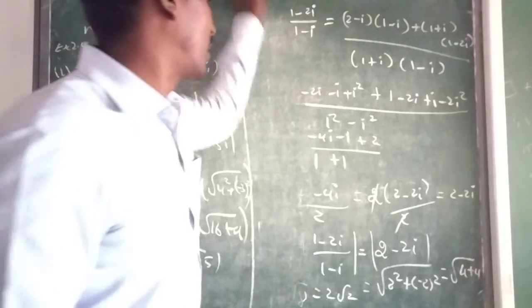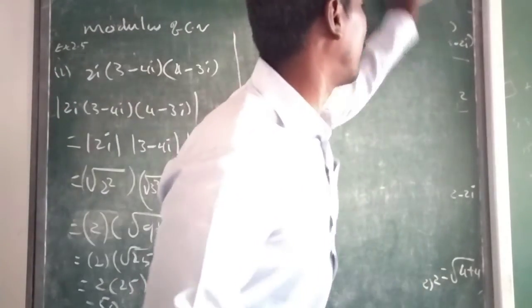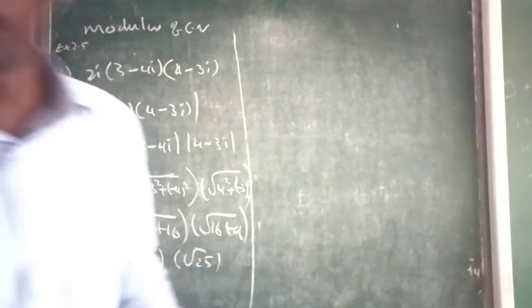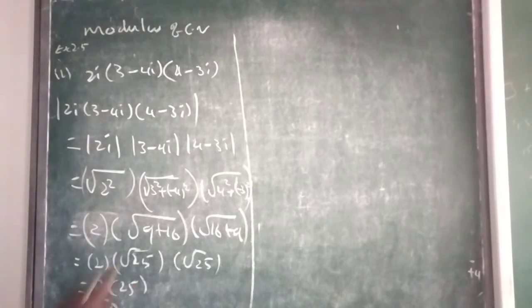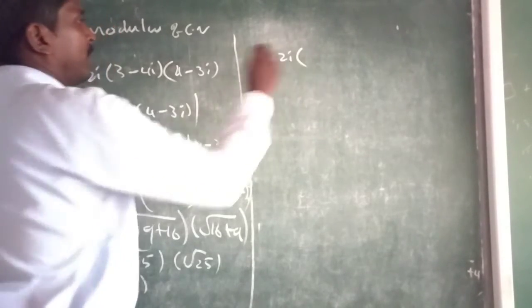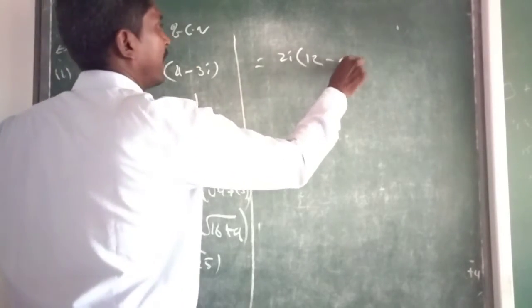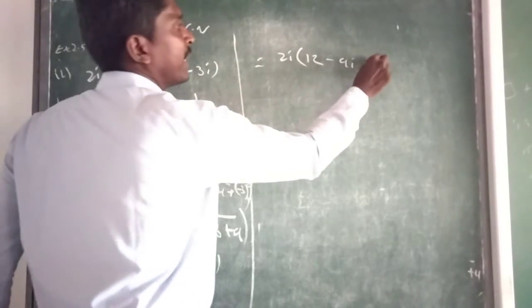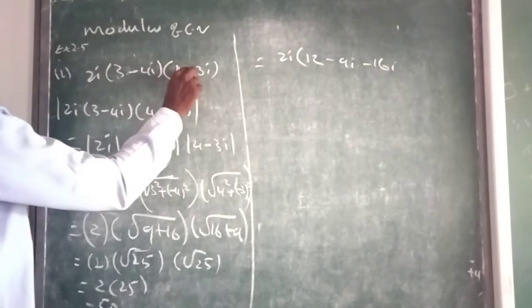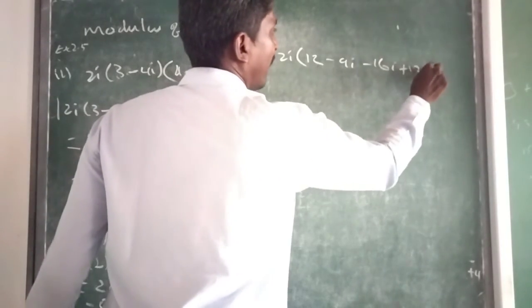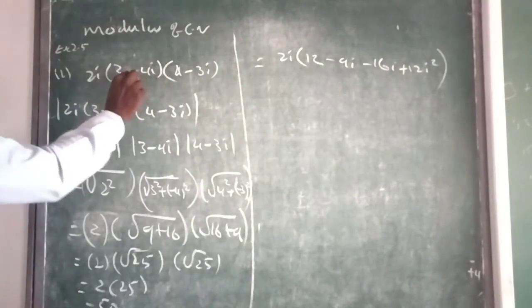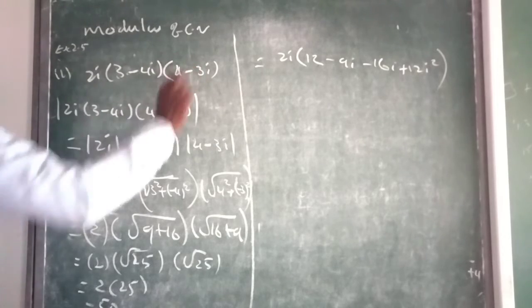So directly you can apply the modulus to individual terms. Suppose you multiply first and then apply the modulus, we get the same answer. For example, multiply 3 into 4, 12, minus 9i, then minus 16i, and minus and minus, plus 12 i square. So minus 4 into minus 3 is 12, i into i square.